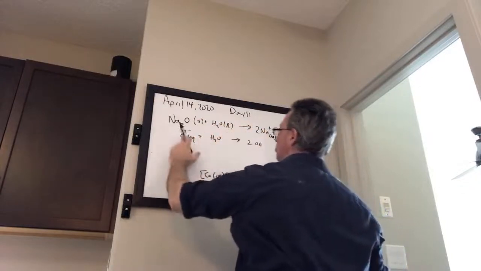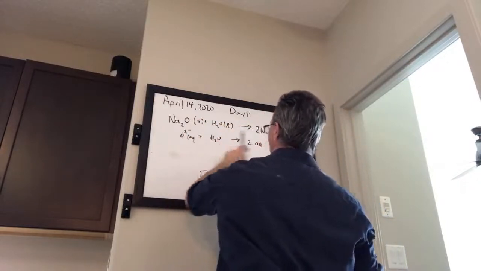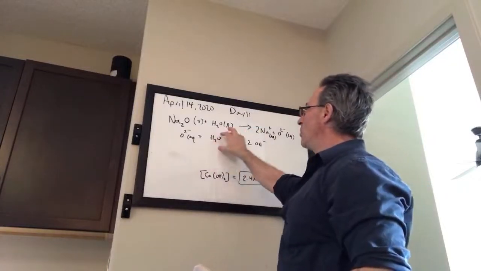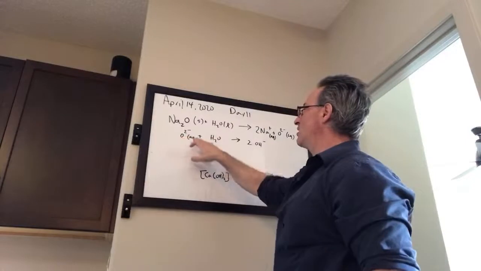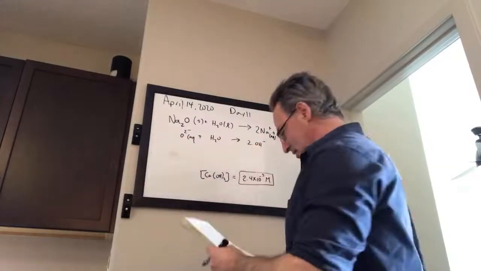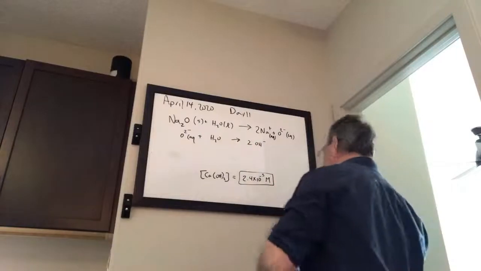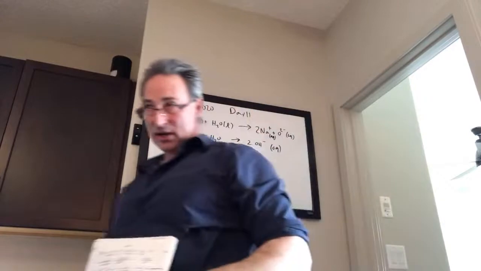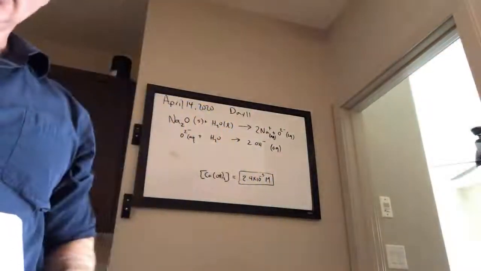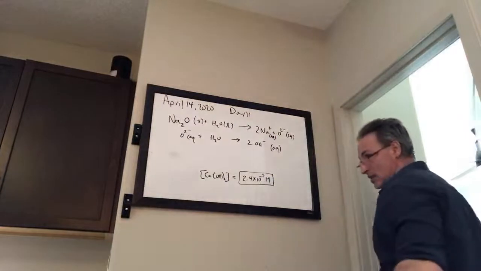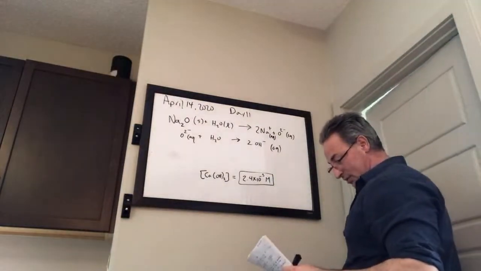It'll actually pull a proton off the water, so the water losing a proton becomes OH minus, and the oxide gaining a proton becomes hydroxide. So out of this, you get 2 hydroxides. You can see why oxides of alkali metals and alkaline earth metals both will produce alkaline solutions that have pH greater than 7.